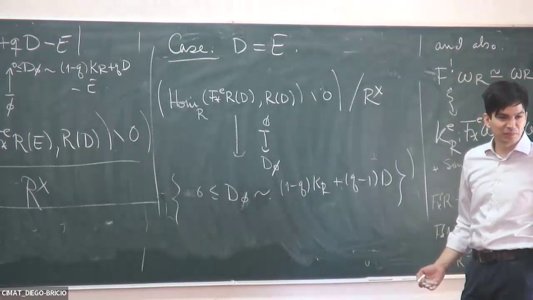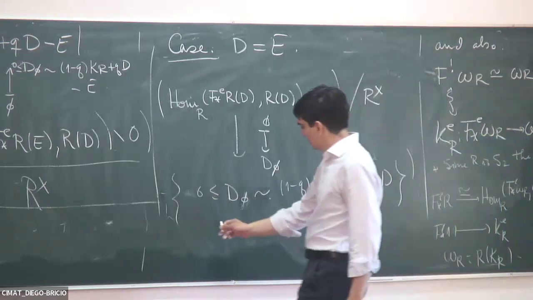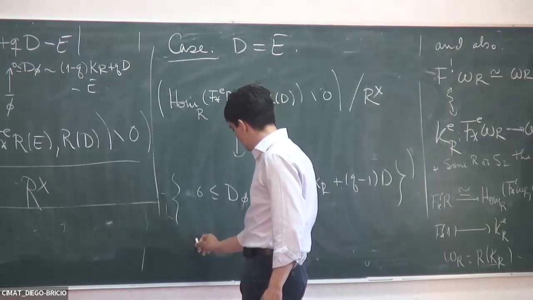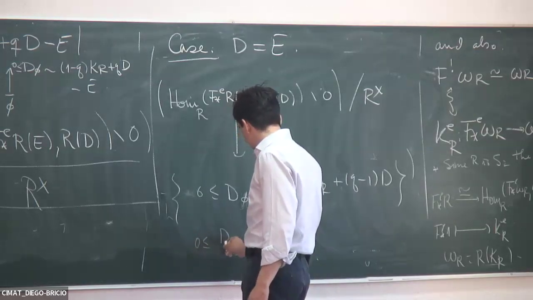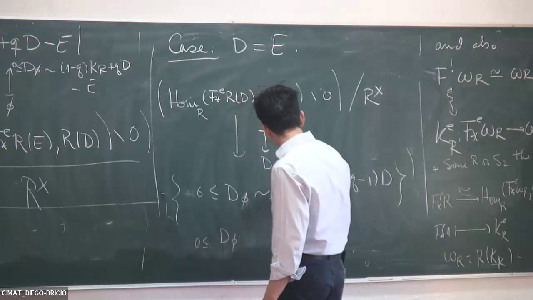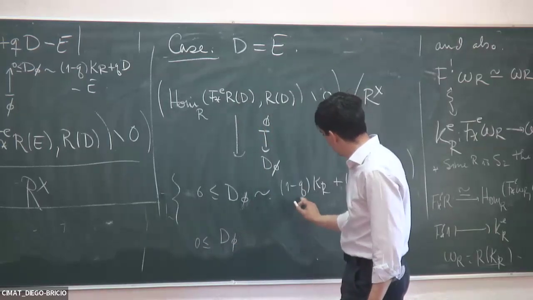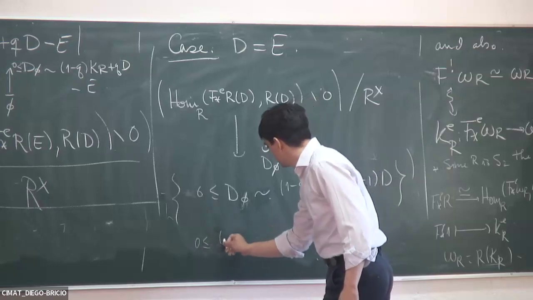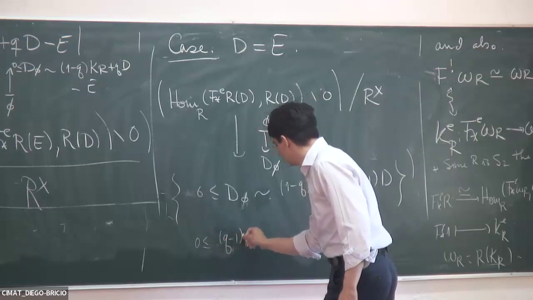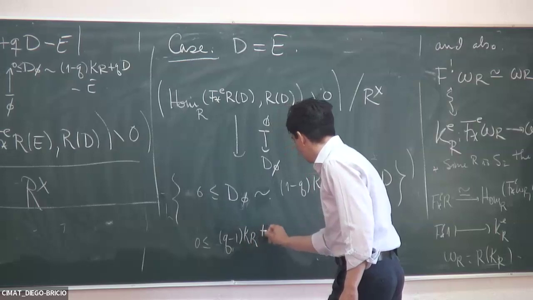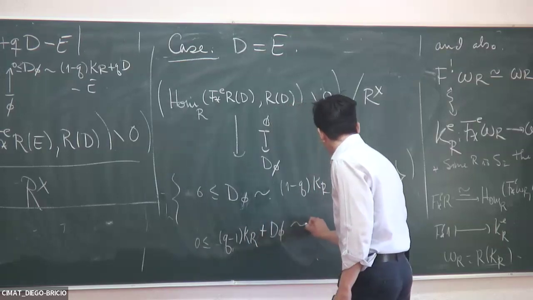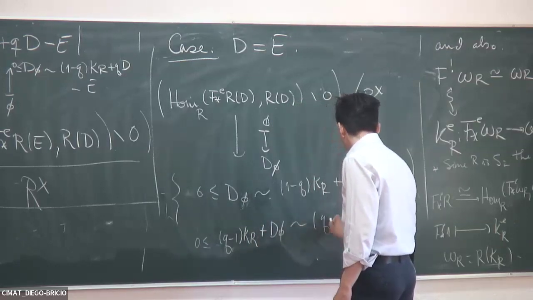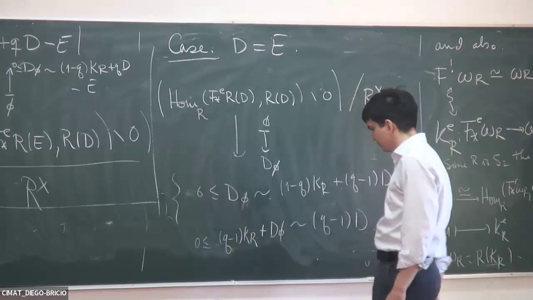But let's make it look even prettier. So I'm going to say that this is divisors, d phi, and I'm going to move this to the other side. So I'm going to have, let me do it like this. q minus 1 kr plus d phi is linear equivalent to q minus 1 d.